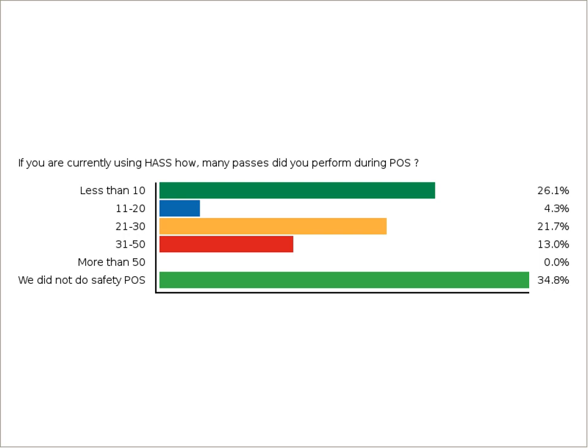So I'm curious to see, and it looks like we've got about enough responses now. Let's look at the graph here. And that's not too far off from what I'd expect to see. I see a third of the folks not going through the pain and agony of the safety proof of screen.